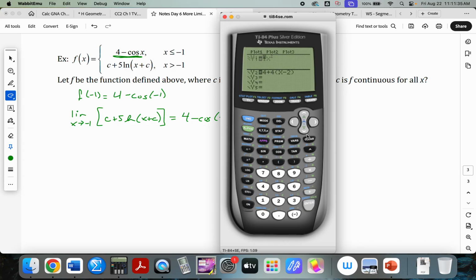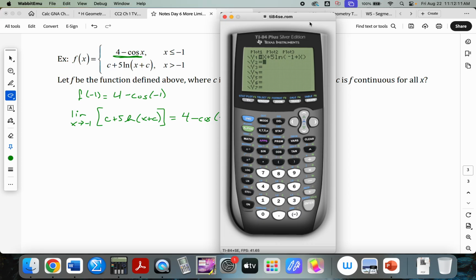Y equals, clear you out, clear you out. I'm going to put this expression with x is -1 in y1. So I'm going to say, I can't say c because, well, my calculator doesn't like it. 5 natural log of, putting in -1 for x, plus c, which I'm having to call x.